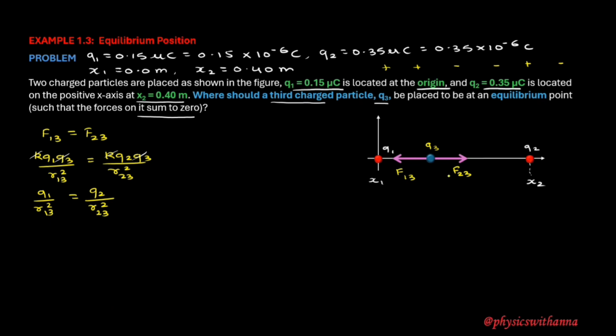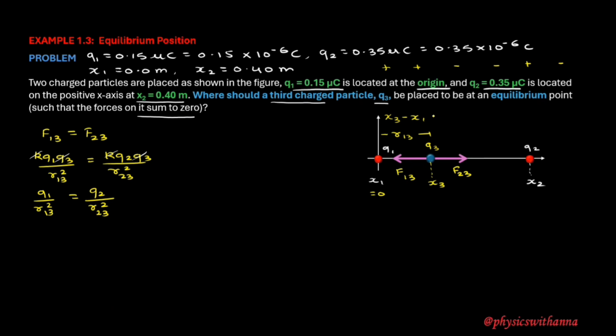Now R13 is the distance between charge Q1 and Q3. Let the position of Q3 be given as x3. Distance between Q1 and Q3 is R13, and we can write R13 to be equal to x3 minus x1. Now here x1 is at origin, so the position of x1 will be equal to 0.